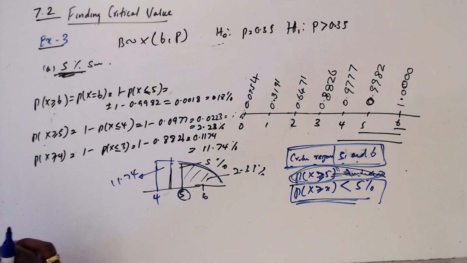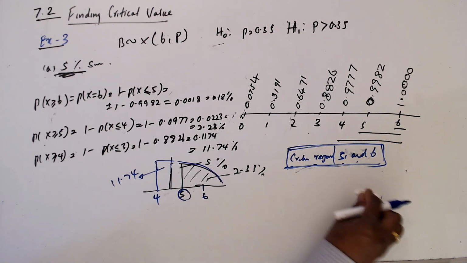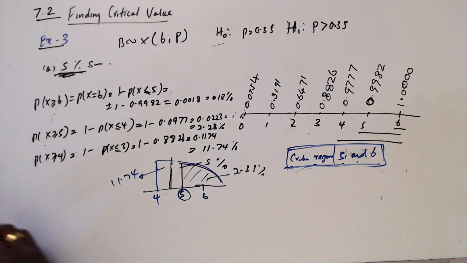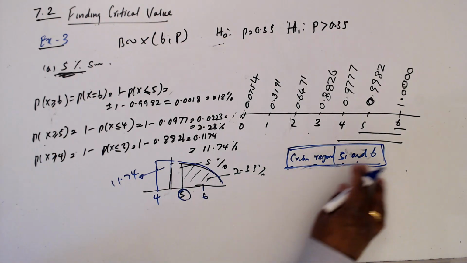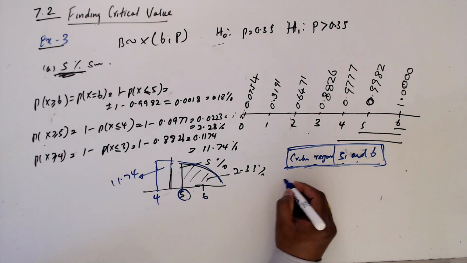So the question is asking, write the critical region for this test. So the critical region is 5 and 6, and the other question is state the actual significance level for this test. The same question is asking to express this area as a probability, what we wrote now.